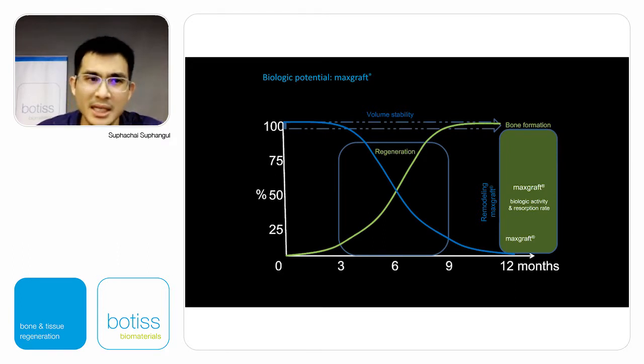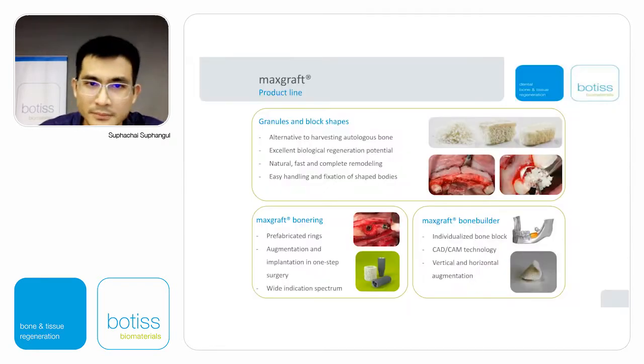However, in real life, if you use only the allograft, we can get something like 75 to 80%, not 100%. The MAC graft comes in shapes like granules, blocks, bone rings or bone builders. That's up to the country. Some countries can order that, and some countries cannot use that because of regulation.